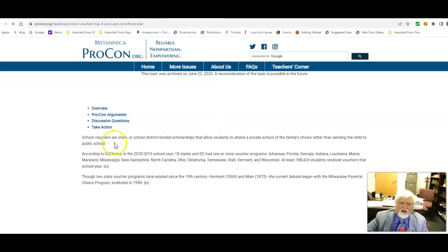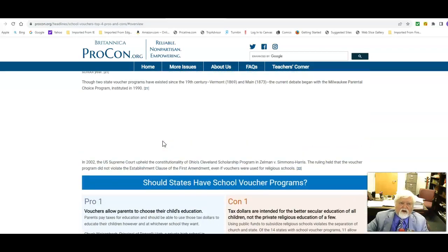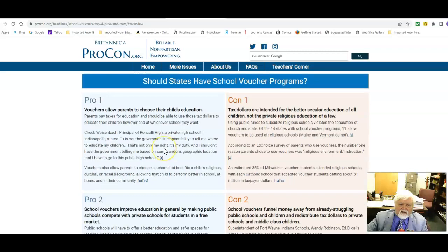It tells you what school vouchers are here, and then certain states have programs, and that 2 have not. And again, it's still trying to call up the overview. Okay, well, it's not going to the overview. See if I can get that to load up later.